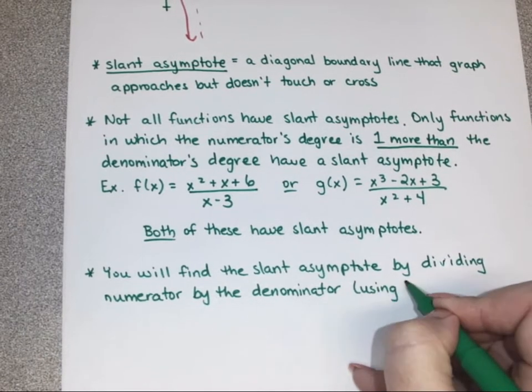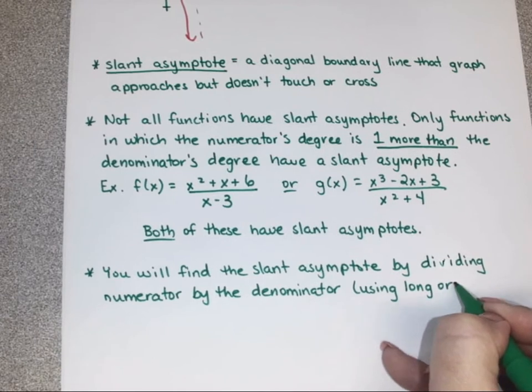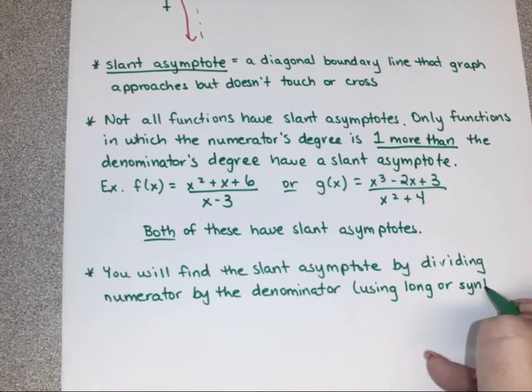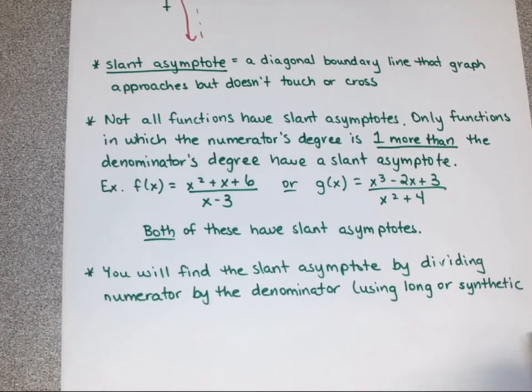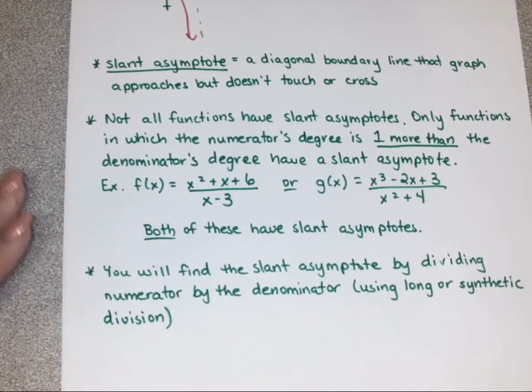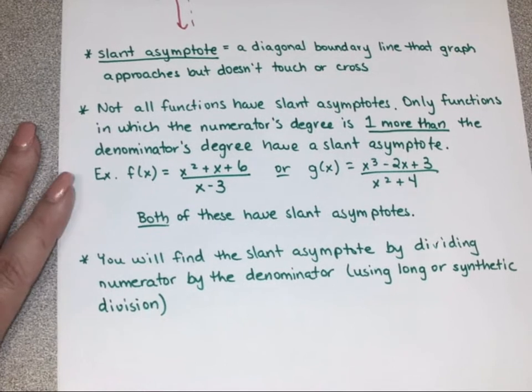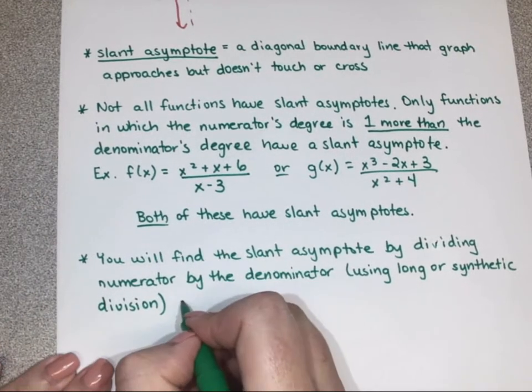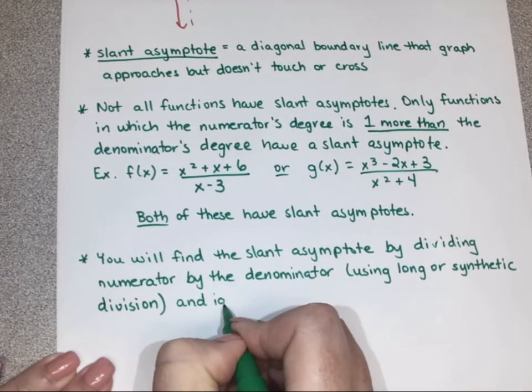Okay, which one do we probably like better? Synthetic is what we like better, but remember synthetic doesn't work for everything. It only works when we're dividing by something very simple. So there possibly might be some problems we're going to have to pull out long division too, okay? So you divide and you ignore the remainder.